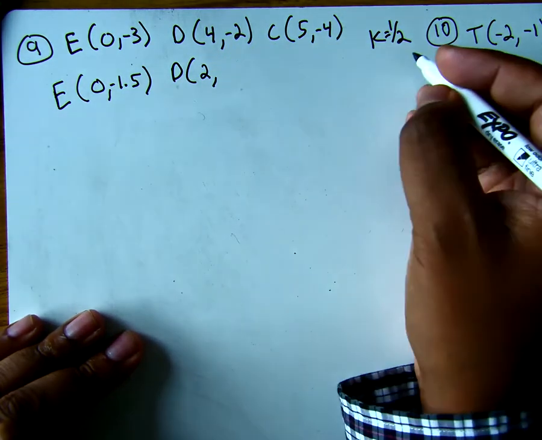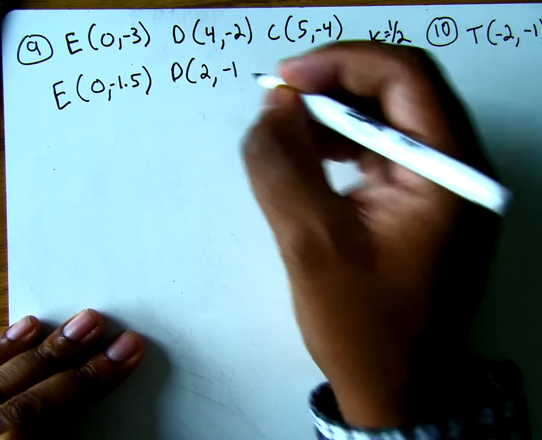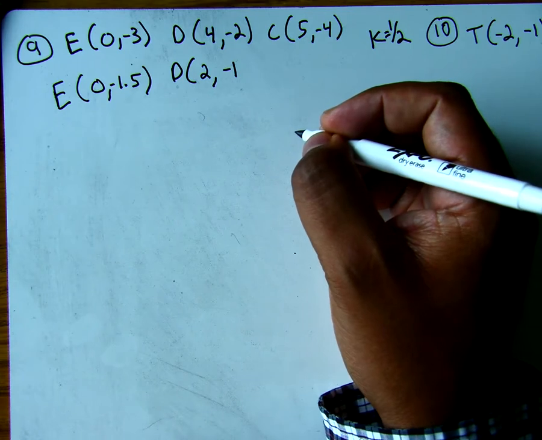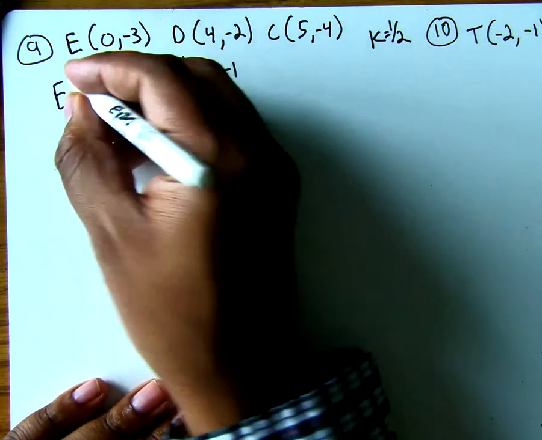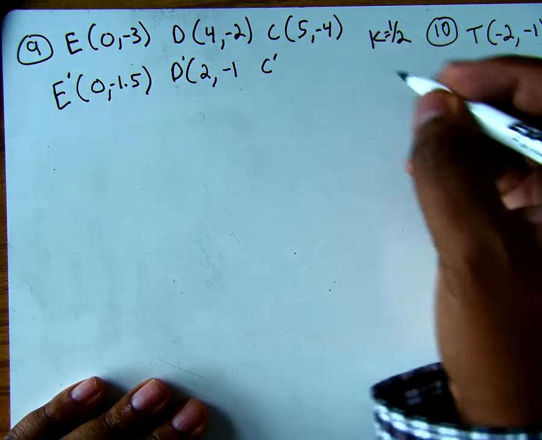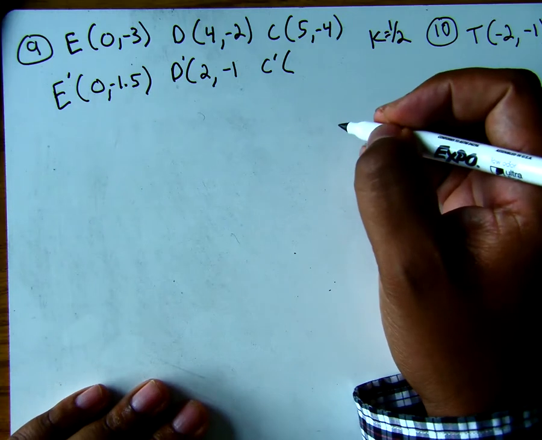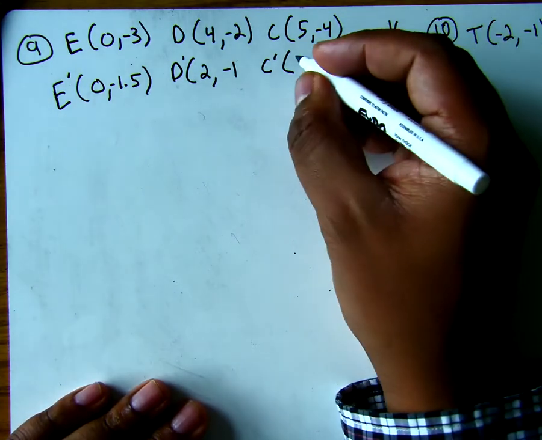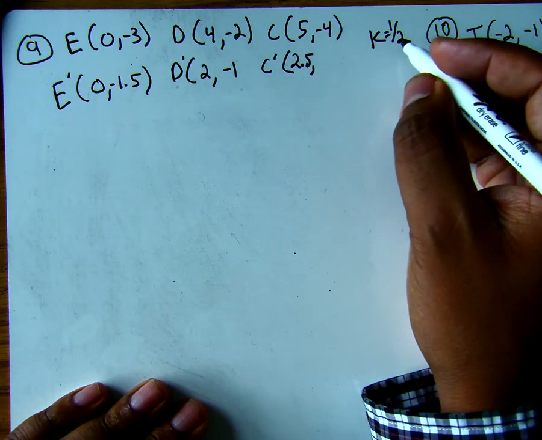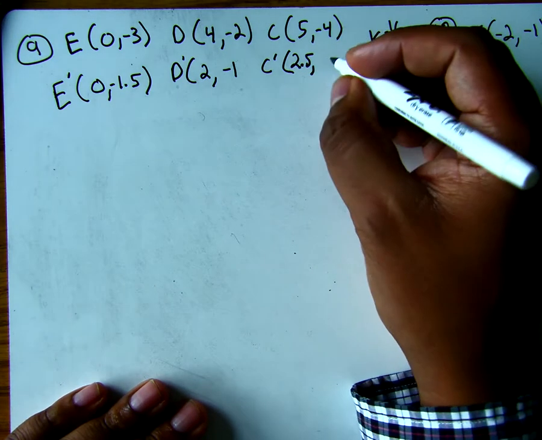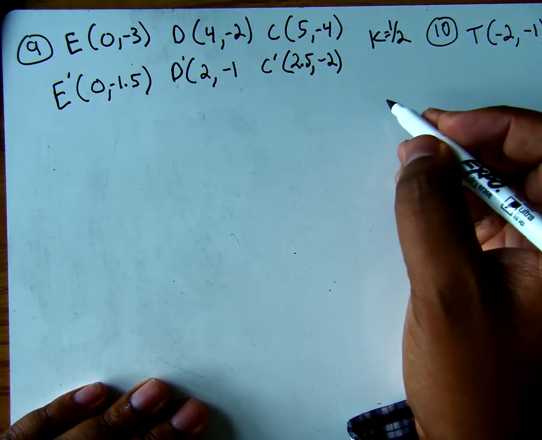And the y, -2 times 1/2, and that's going to get us -1. And finally, we'll take the C and put my marks on here for my image. We're going to multiply the 5 times 1/2, and that's going to get us 2.5. And multiply the -4 times 1/2, and that's going to get us -2. So this will be the coordinates for our new image.